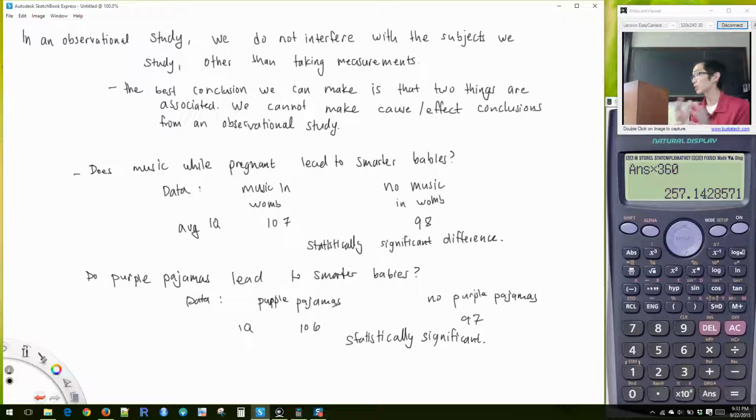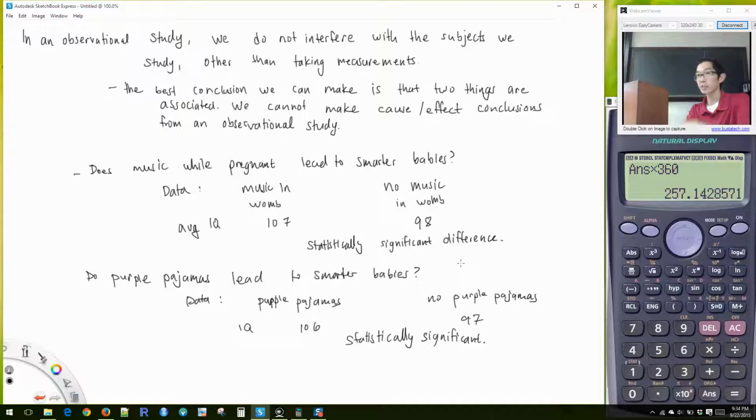So if you've got a parent who's very eager on following the latest studies and conclusions, the type of parent who takes an interest in purple pajamas, that is the cause. Or that's probably the reason why children are showing different levels of intelligence. It's not the purple pajamas themselves. And so if all you've done is an observational study, we cannot make these kinds of conclusions. We cannot say one causes the other.